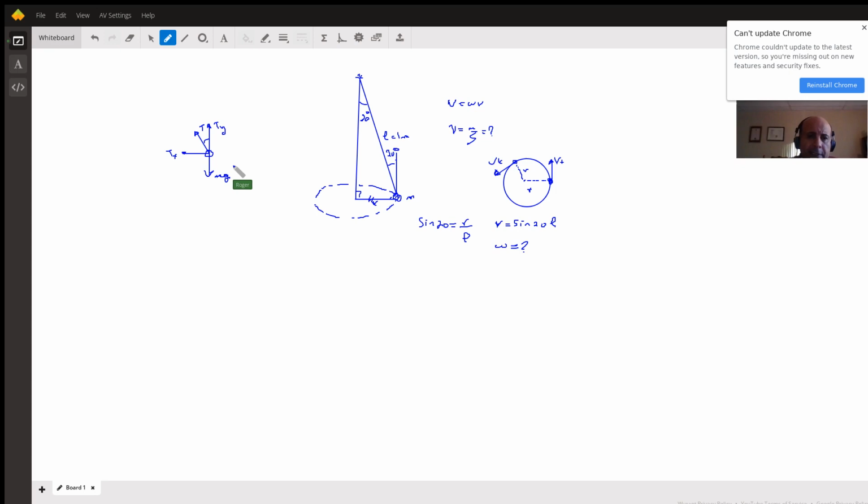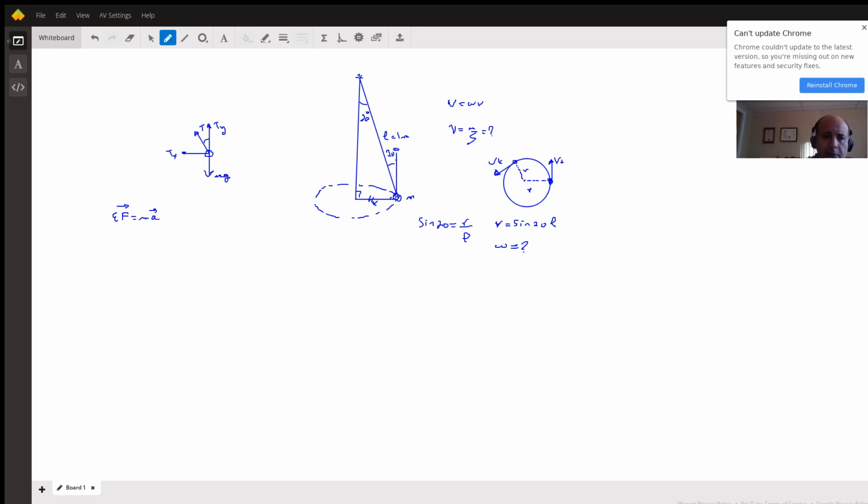And so we apply the principle of what? Newton's second law. Newton's second law says the sum of the forces is equal to the mass times acceleration. The acceleration is a vector, and the forces are also vectors because they could be in the positive or negative direction.